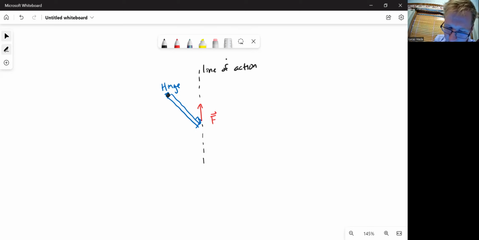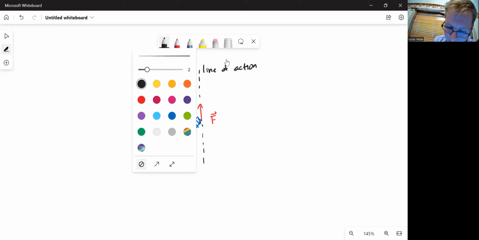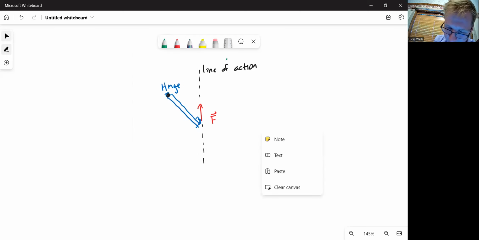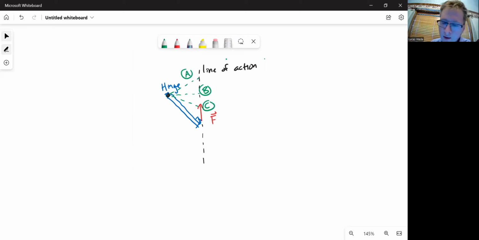So I'm going to draw 3 different lines here, because I think seeing what isn't a lever arm may help you with seeing what is. Of these 3, call them A, B, and C, which is the lever arm for that force? B. Okay, what do others think?